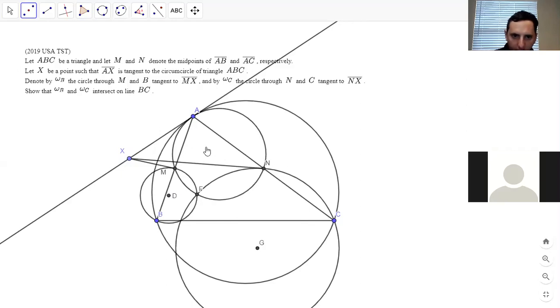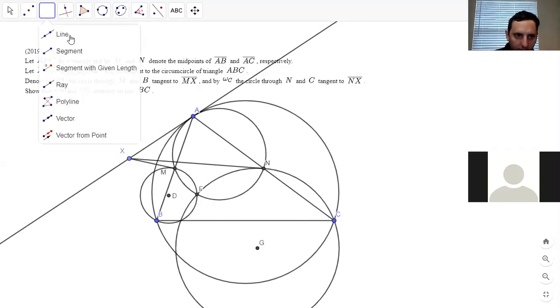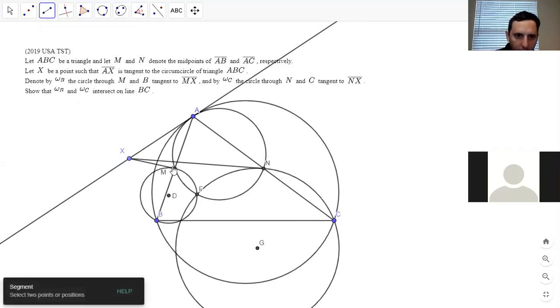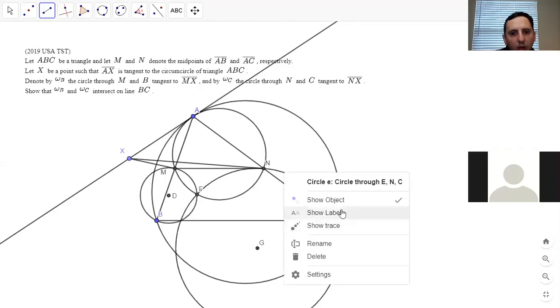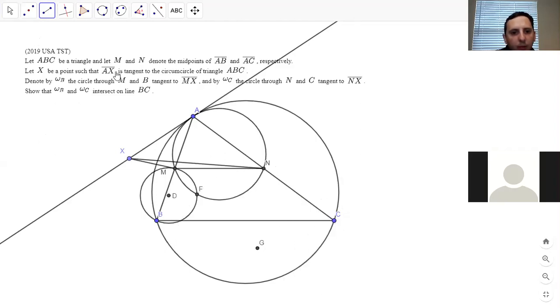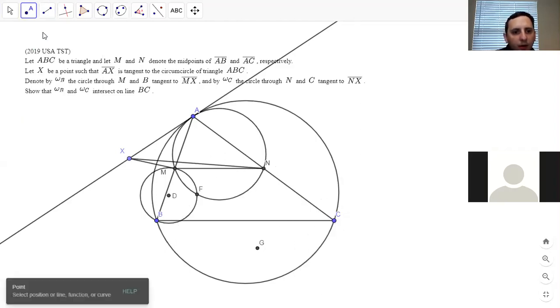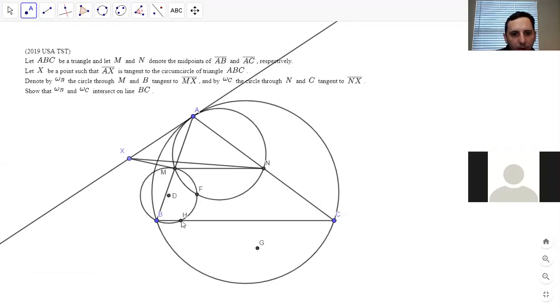So MN is parallel to BC, obviously. Maybe we can use some of the segments. The circles cut BC at different points. Then we will try to prove that the sum of the segments equals BC. Okay, so I could just draw one of them for now.